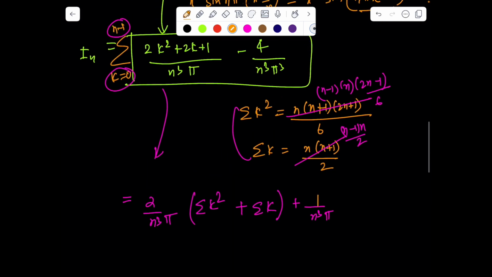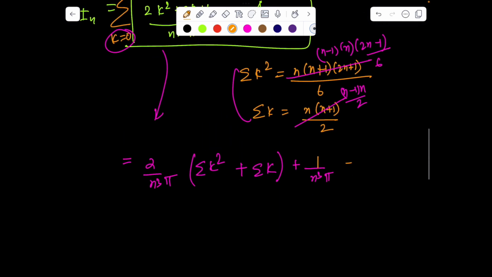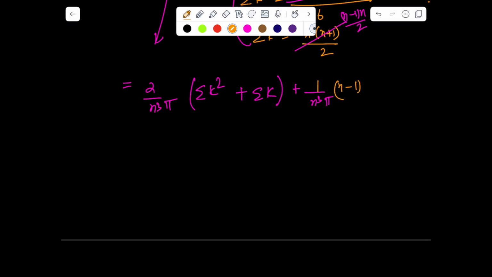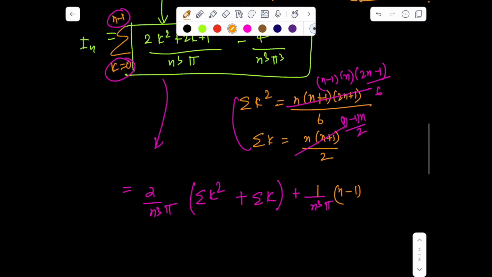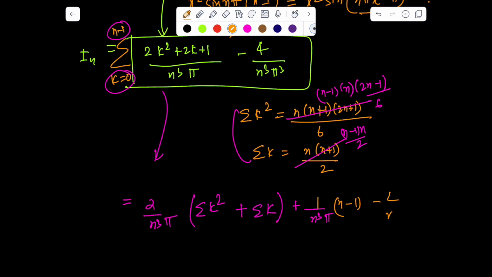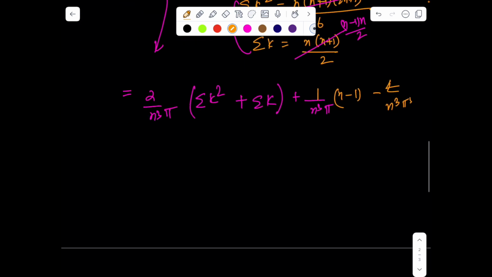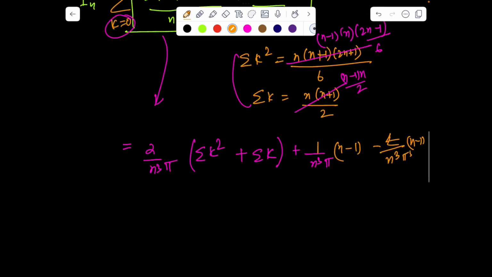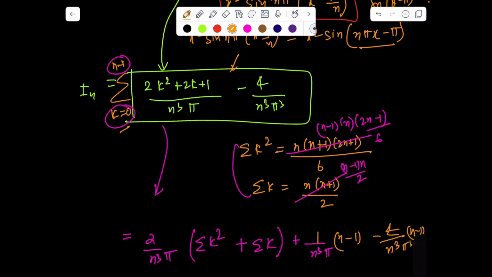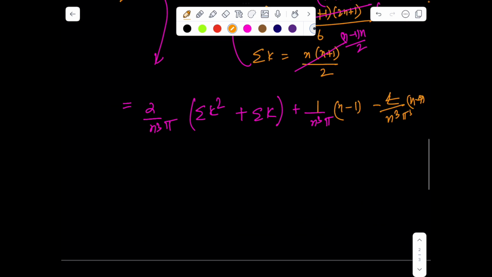Right, so 1 by n cube pi, n minus 1 times. And again we have minus 4 by n cube pi cube, n minus 1 times. In fact, k is going from 0 to n minus 1, so that will become n times. Similarly, it is n times.